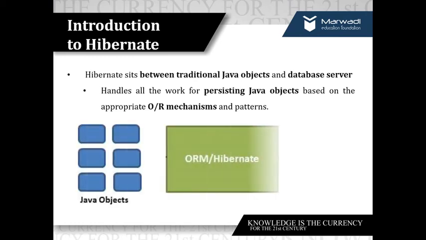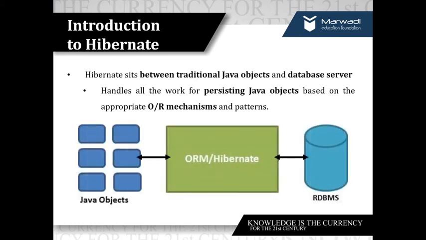Basically, Hibernate sits in between traditional Java objects and the database, and through this ORM mapping tool, Hibernate saves the Java objects directly into an RDBMS. It can be any RDBMS.